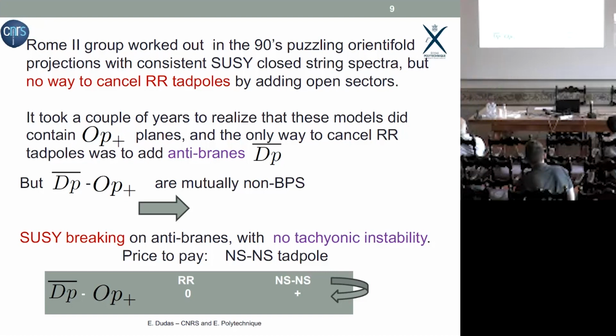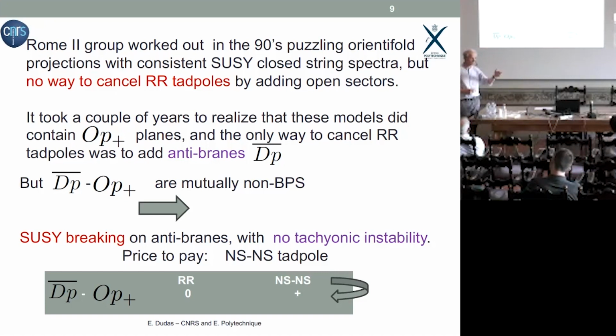Okay, so you break supersymmetry with anti-branes. There is no tachyon instability. The price to pay is that anti-branes and exotic orientifolds have the same sign of the tension: plus, plus, plus. They add up, and they have a tension, but this tension is not a constant; it's a runaway potential, which you already heard about yesterday in the seminars by Ivano and Salvatore.